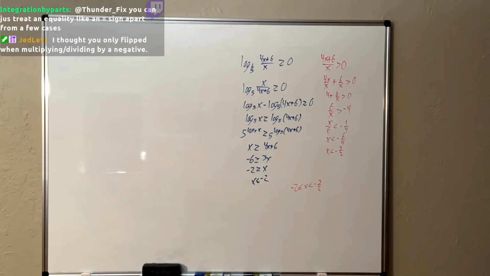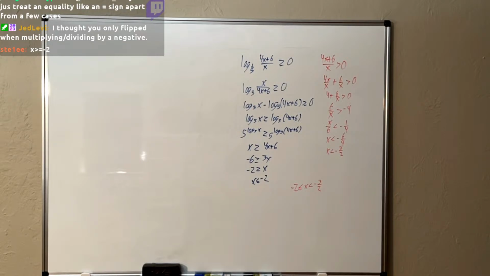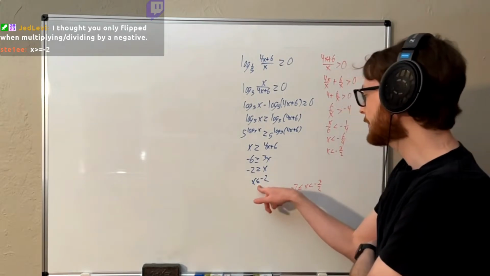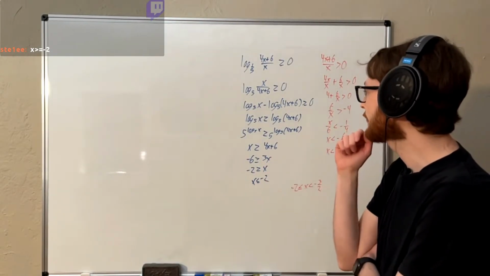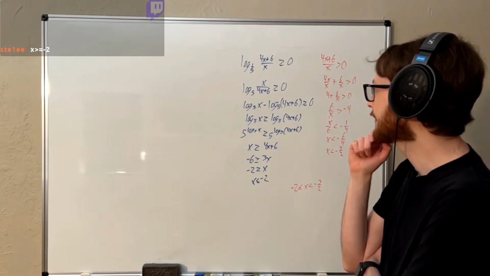You only flipped... There's other things you can do that can flip an inequality, I think, depending on what you do to each side of the thing. Yeah, Stelly, I know that this is supposed to be x is greater than or equal to negative 2. By my work, I got the opposite, though, so I messed up a sign flipping thing somewhere.